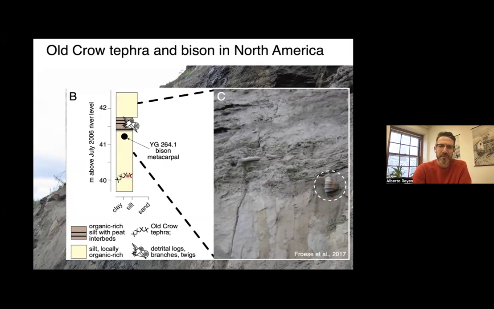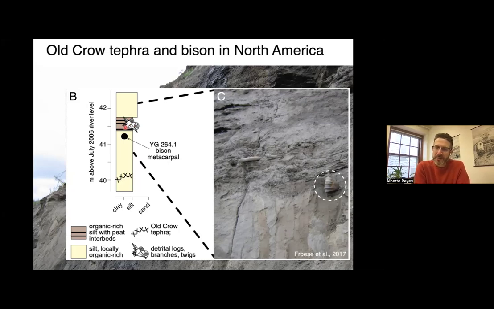The tephra is a meter or so below, and sandwiching that bison bone is a presumed interglacial forest bed. So this was really neat evidence of probably among the first, the oldest bison to be found in North America.